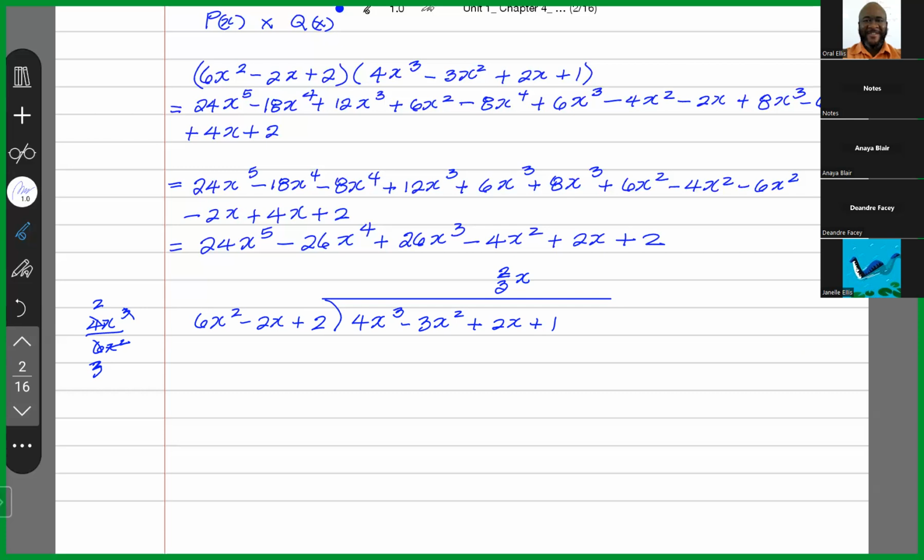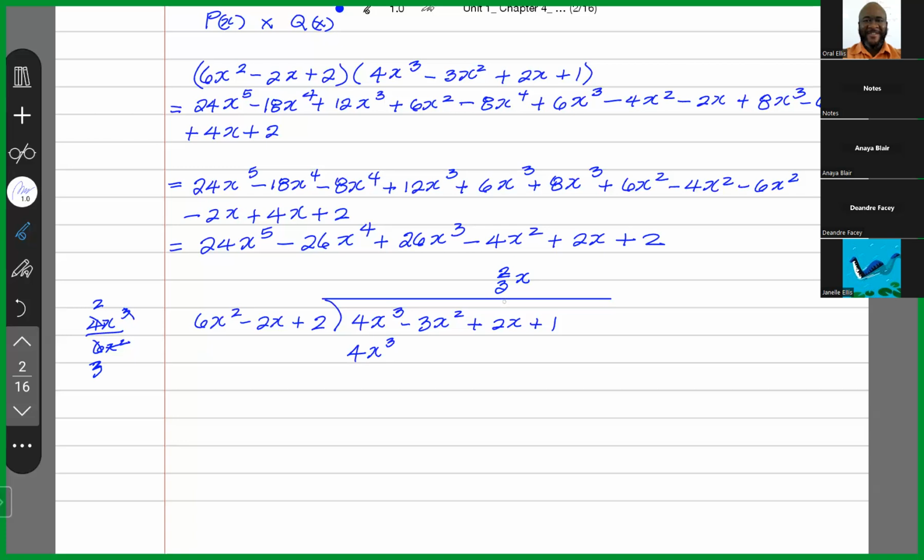All right, so I just divided 4x cubed by 6x squared. Next, I'm going to multiply everything in the divisor by the 2/3 x. So 2/3 x times 6x squared is going to give me 4x cubed.